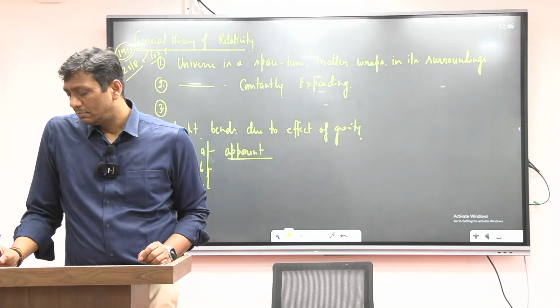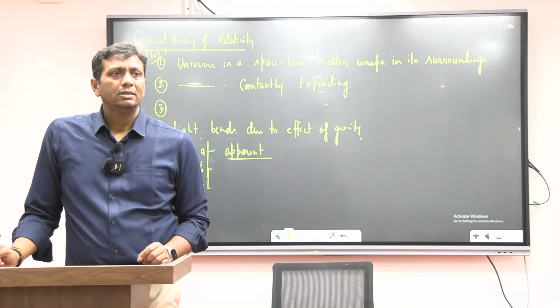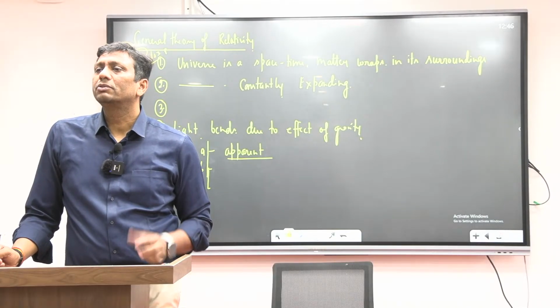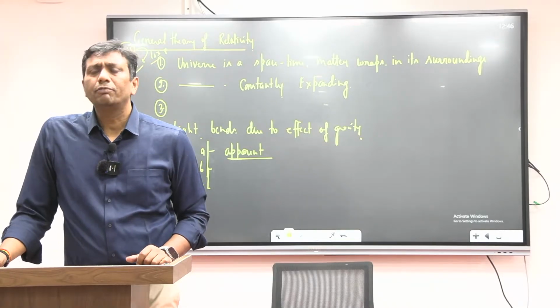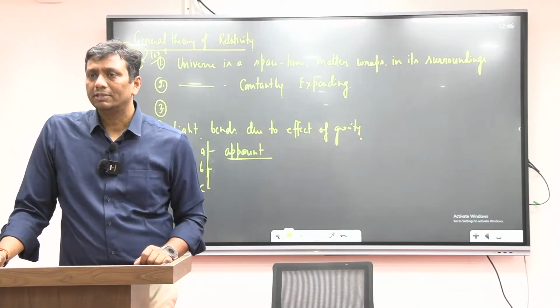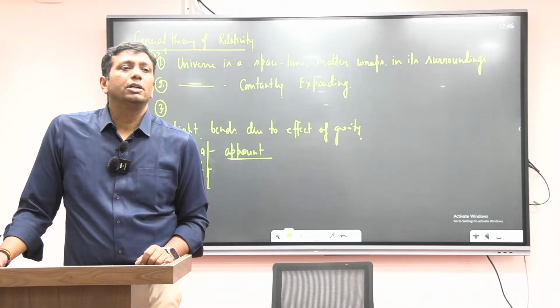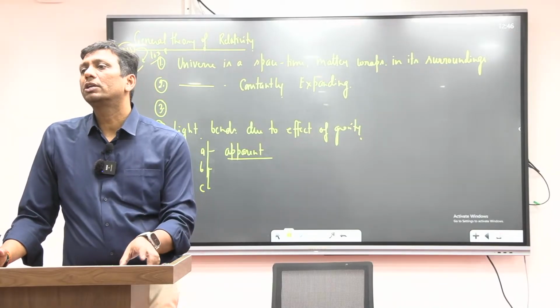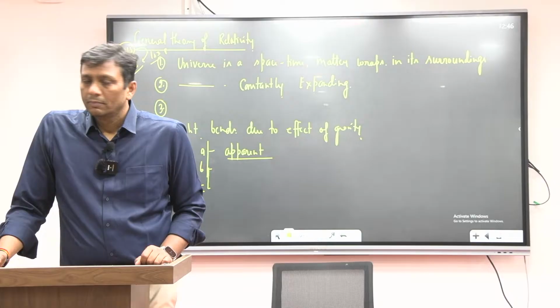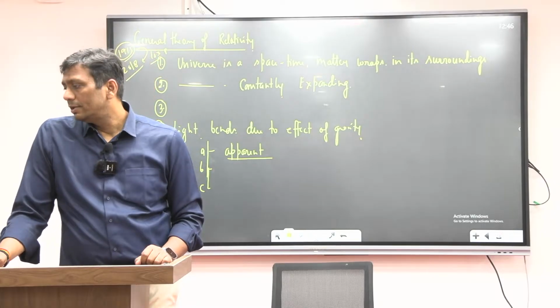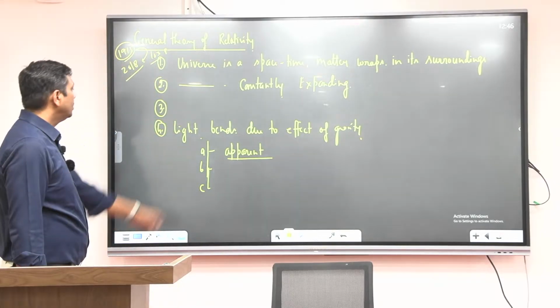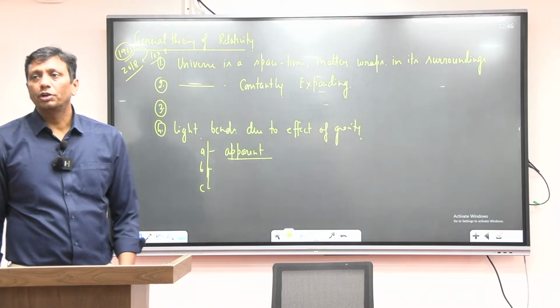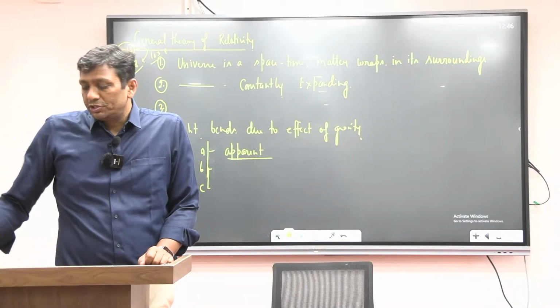You already know very well, sir, 60 to 70% is the static part of science and tech, and 30 to 40% is what is coming in, and UPSC always asks. And by the way, if you want to solve any current affairs, without that static base you cannot understand what is there. Okay, fine. So the apparent position of a star is totally different from the actual position of a star.